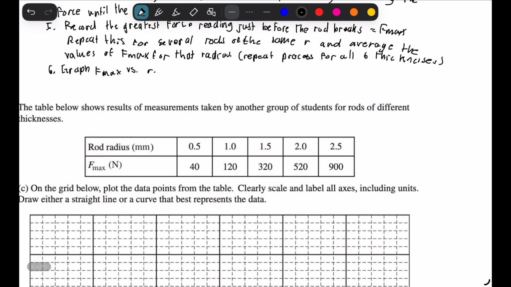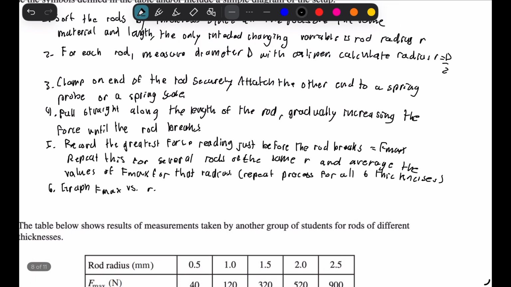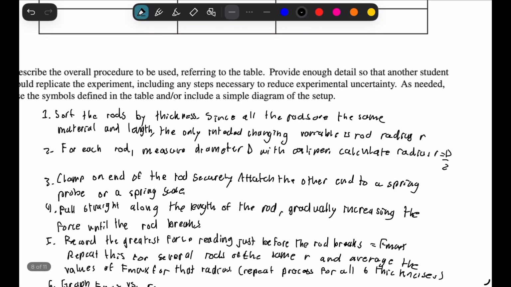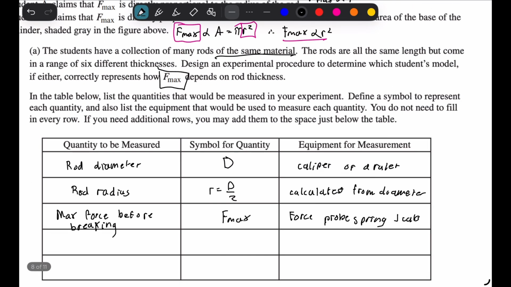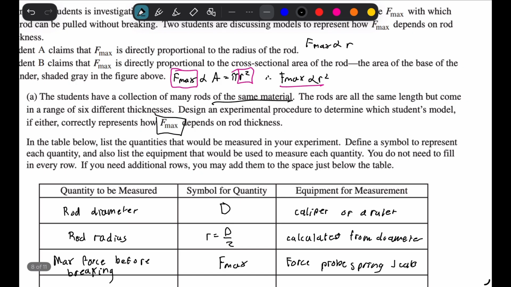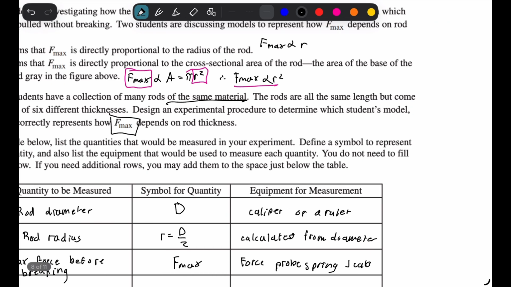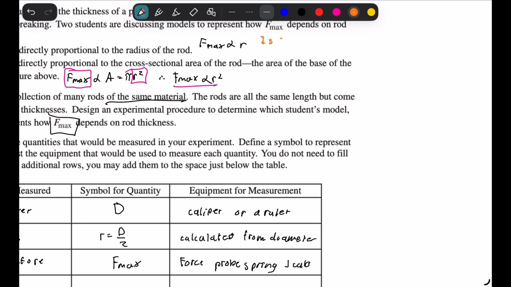Now, we're going to think, how can we test student A and student B based off what we know? Well, if we're graphing F max versus R for student A, we can know whether the student is right or wrong by whether the graph is a straight line through the origin.